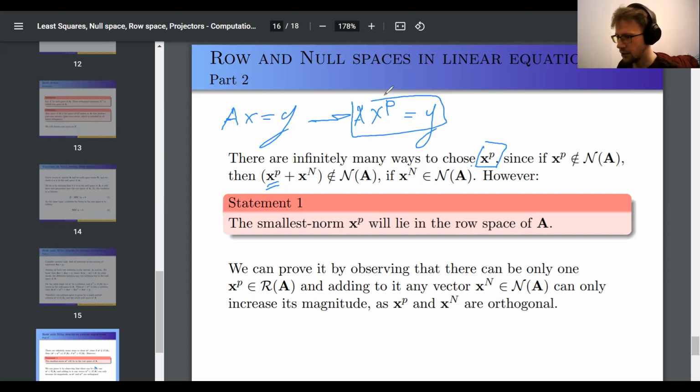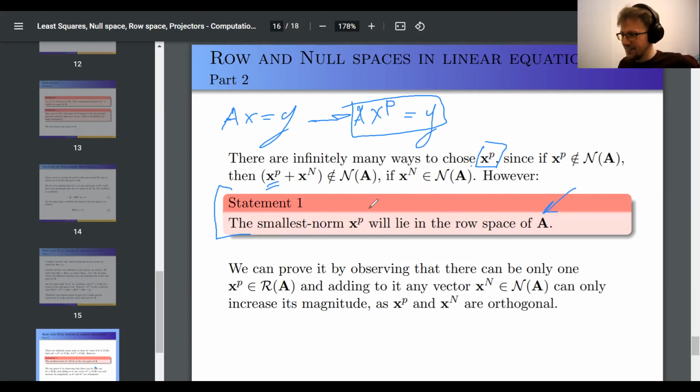Great. So what we can do is to say, let's find the smallest norm xp, since we have a lot of them. We can find the smallest norm one. And there is this theorem that the smallest norm x partial will lie in the row space of A. So you see, we suddenly connected back to the row space.